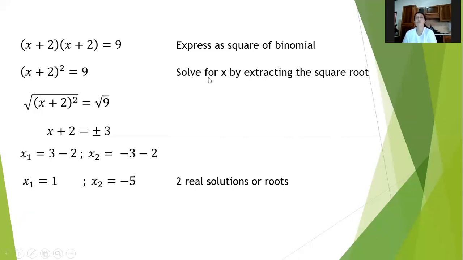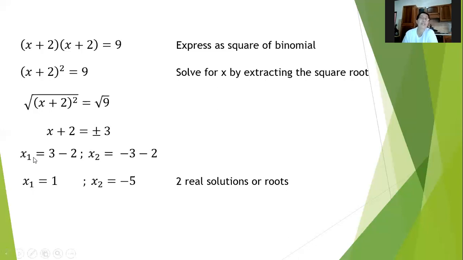Then solve for x by extracting the square root, as in our previous lesson, solving quadratic equation by extracting square root. You have to follow the procedure in extracting square root. Take the square root of both sides. The square root of quantity x plus 2 squared is x plus 2, and the square root of 9 is positive and negative 3.